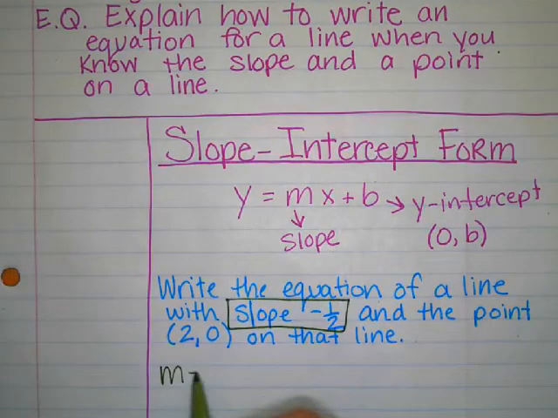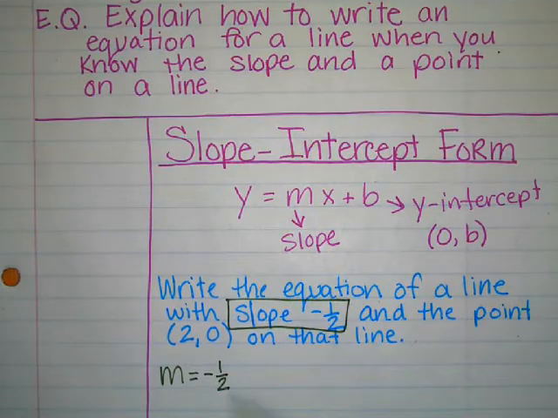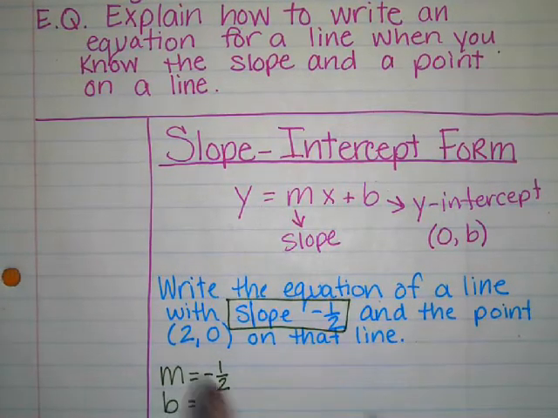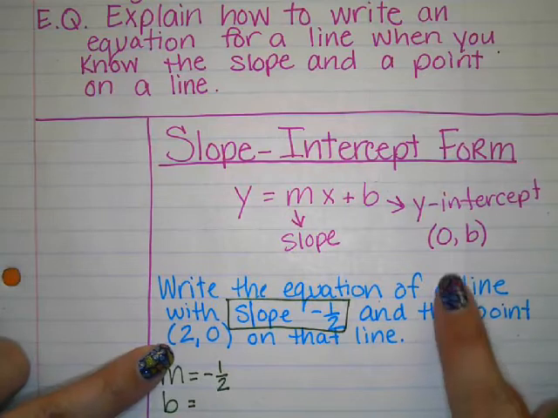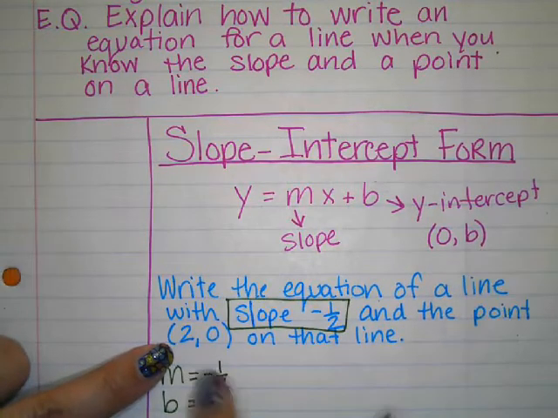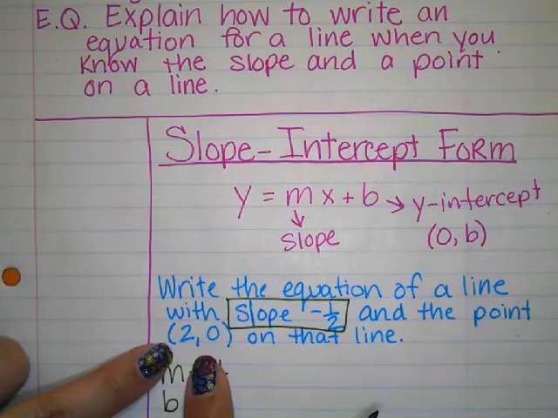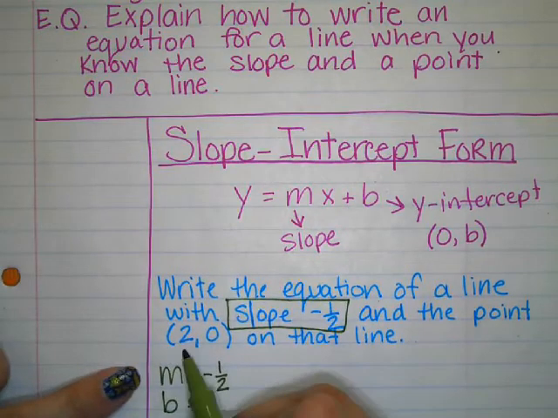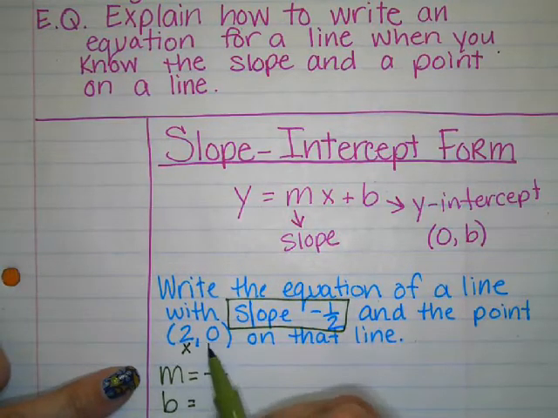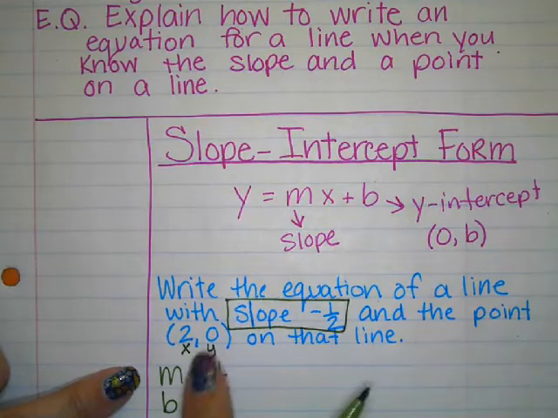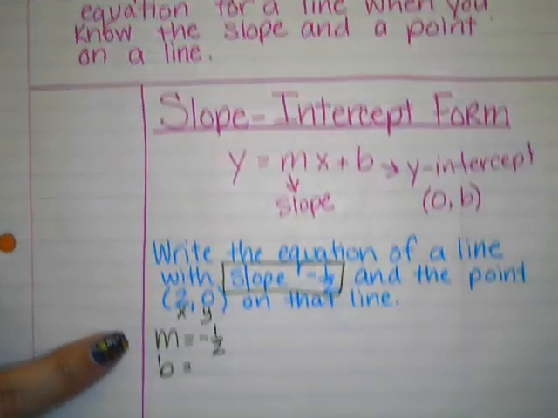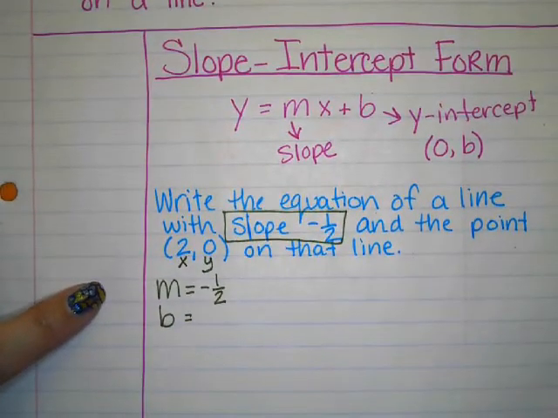We need to know my b value, but according to this problem, we don't know what that is, because this is not in the right form of (0, a number). It's the opposite of that. But we do know that 2 is an x value and 0 is a y value on that line.